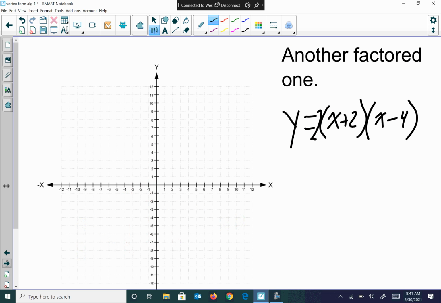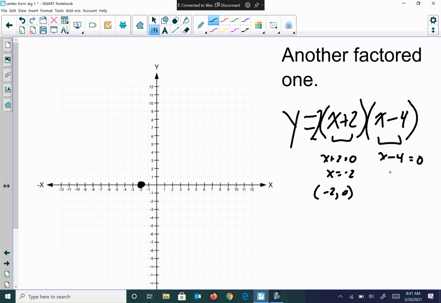This is factored form. Agreed? So this is going to give me x plus 2 equals 0, x equals negative 2. So I get negative 2 comma 0. There's a 2. So that 2 is going to change the pattern graph to 2, 6, 10. It looks like another parentheses.